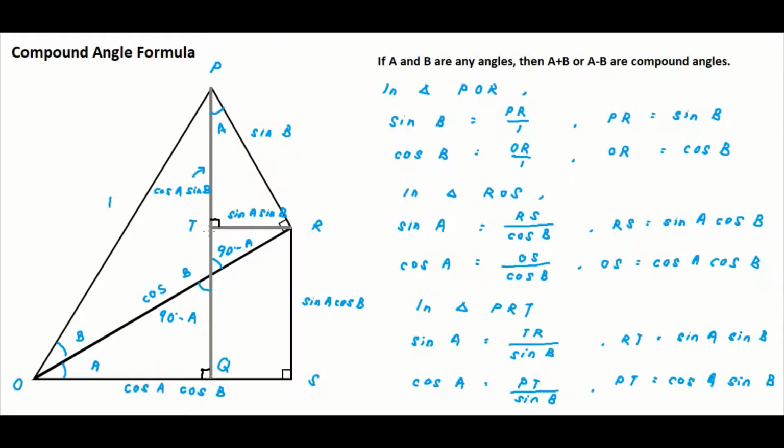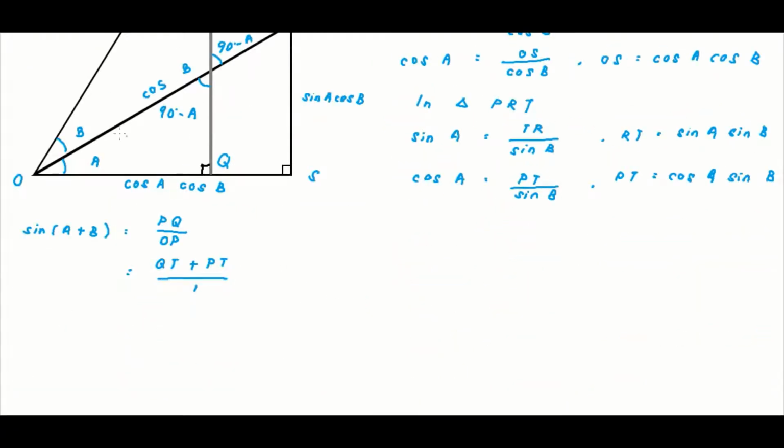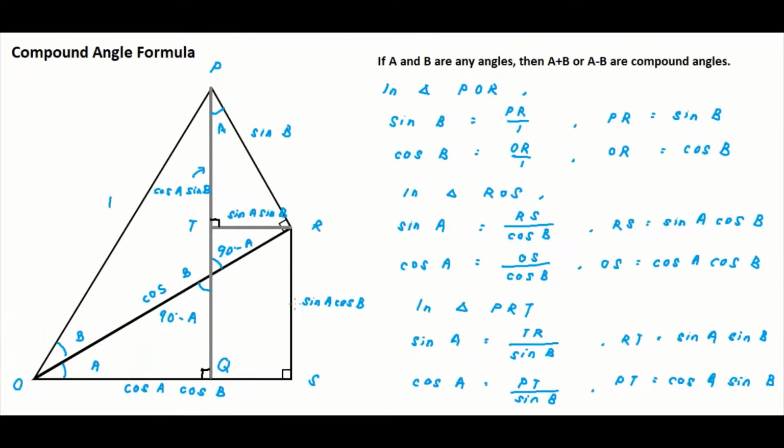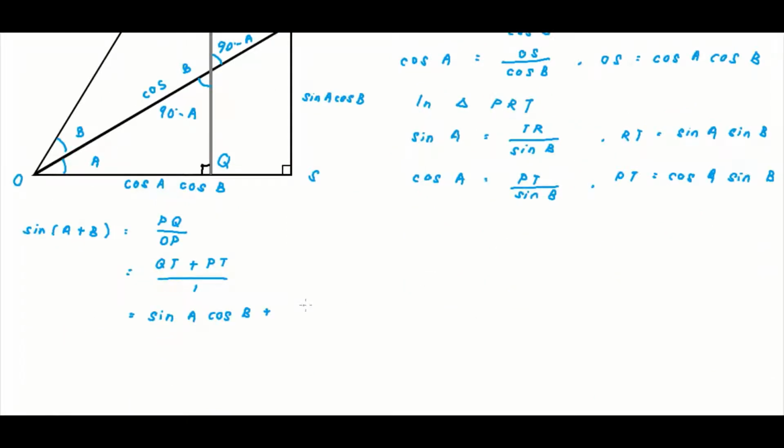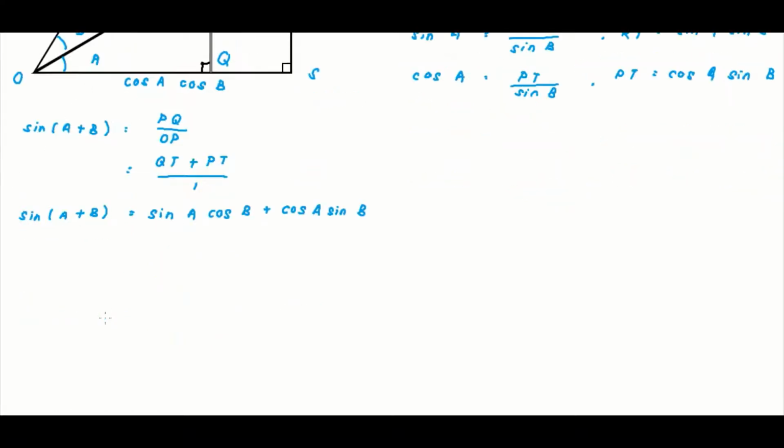The length QT is the same as RS, so it's going to be sine A cos B. And then what is PT? PT is the length that we got just now, which is cos A sine B. So here we have our first compound angle formula: sine A plus B, when you expand it, equals sine A cos B plus cos A sine B.